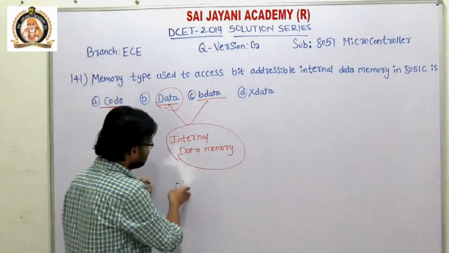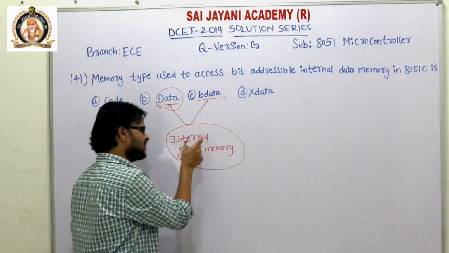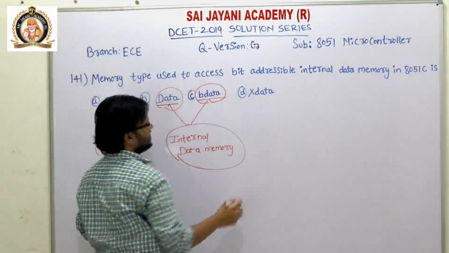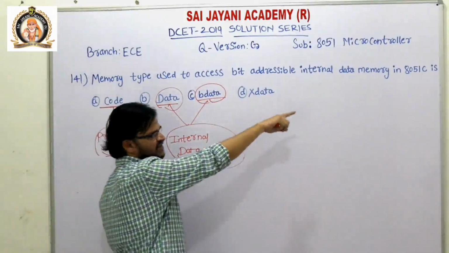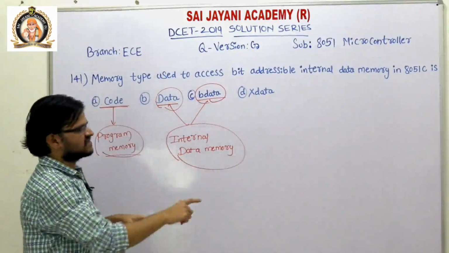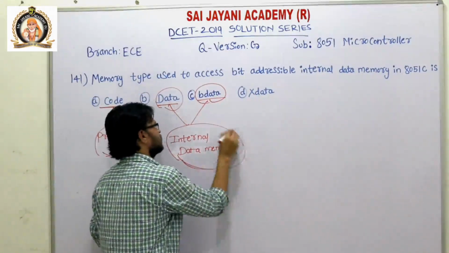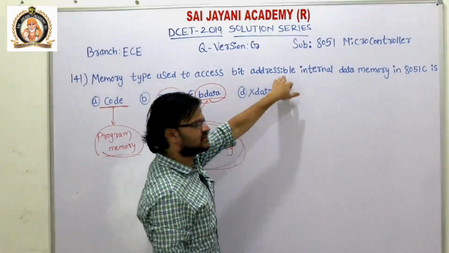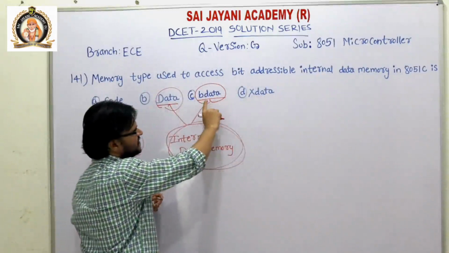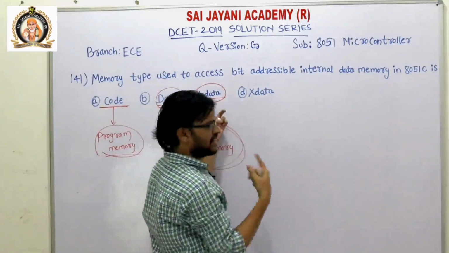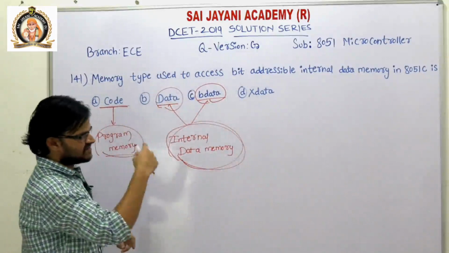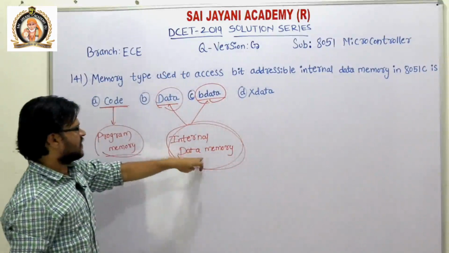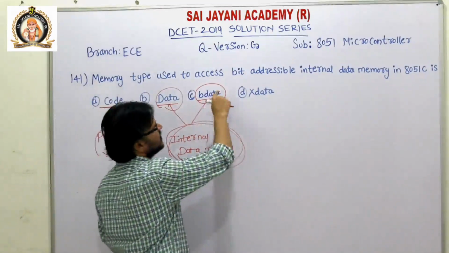Similarly, bdata is also an area accessed by the 8051 in the internal data memory with respect to bit addresses. I will say once again, bdata is the area which is accessed by the 8051 in the internal data memory bitwise.